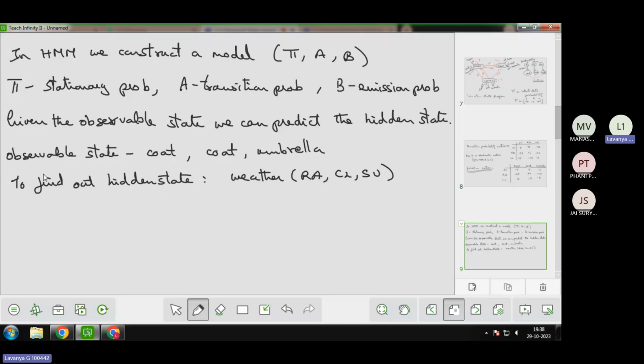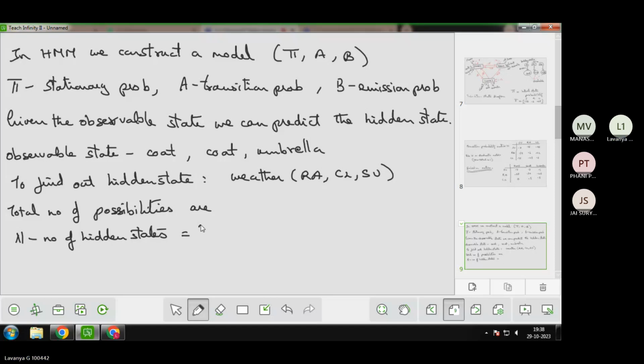Okay. So now we have to find the total number of possibilities, the maximum combinations you will get. Let us take n to be the number of hidden states. Here in this case, hidden states is 3. T will be the number of observations.